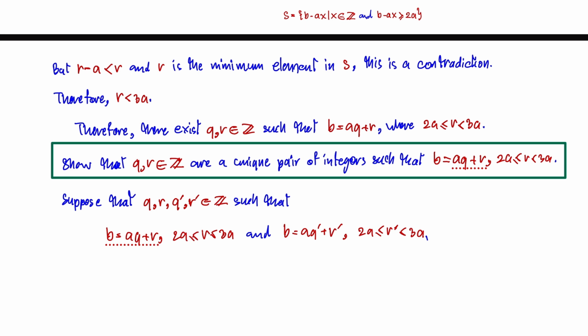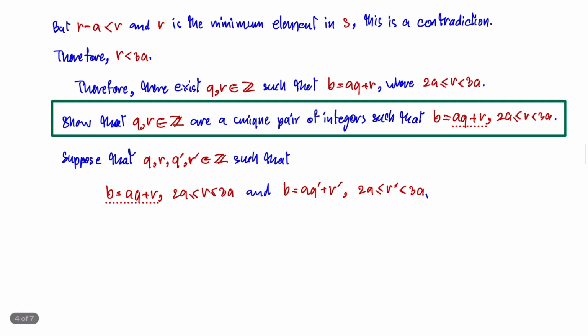Then, what do we need to do next? We have the same B right here. From this B, we're gonna have AQ plus R equals B, and B equals AQ prime plus R prime.